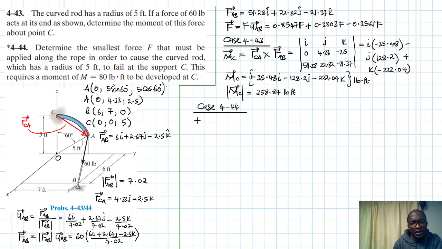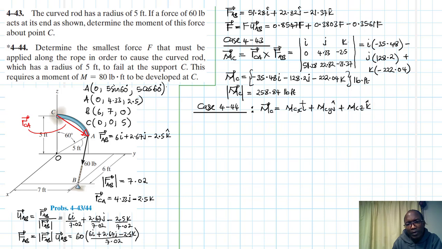So what we are saying is basically what we are saying is MC is going to be equal to MCXI plus MCYJ plus MCZK.